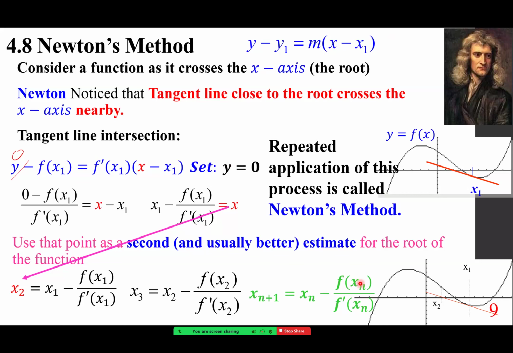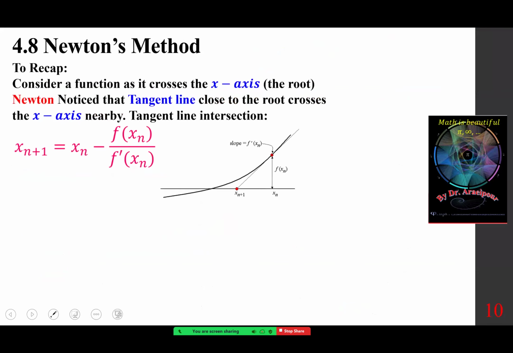So this is the idea. Now, to recap, consider a function as it crosses the x-axis, which is called the root or the x-intercept. Need to notice that a tangent line close to the root crosses the x-axis nearby. Tangent line intersection has this one. Okay, x sub n plus 1 is x sub n minus f of x sub n over f prime of x sub n.